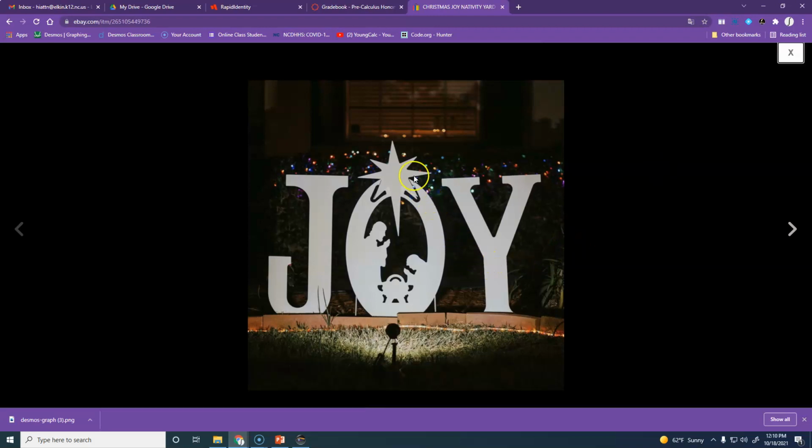My problem was I knew when I did the O that I was going to have a hard time getting a perfect O because I was making it like 3 feet high, right? So that was going to be pretty difficult. So I knew that I wanted my ellipse to be like 3 feet high and 2 feet wide.